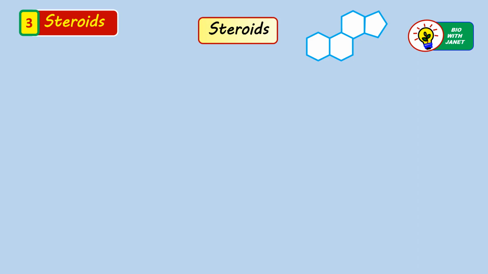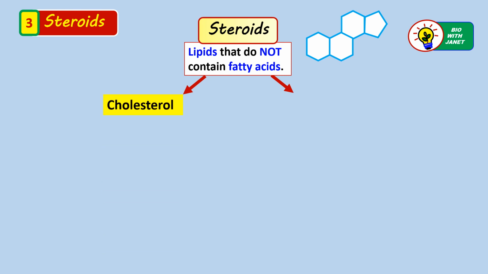Let's go on to steroids. So steroids are lipids that do not contain any fatty acids at all, right? Examples are cholesterol and some types of hormones, not all types, okay? Because some hormones are actually made from proteins, and other hormones may be made from steroids or other organic substances.